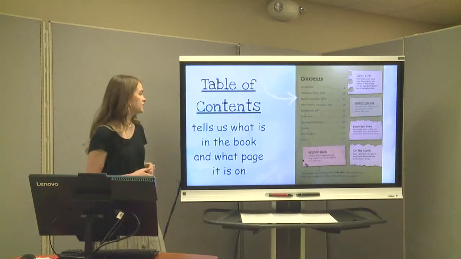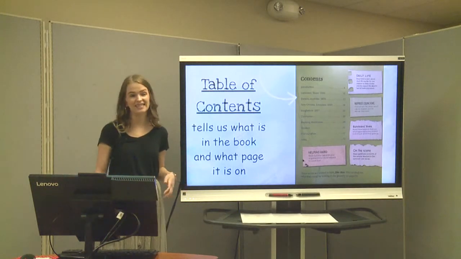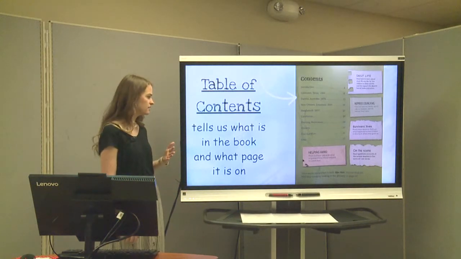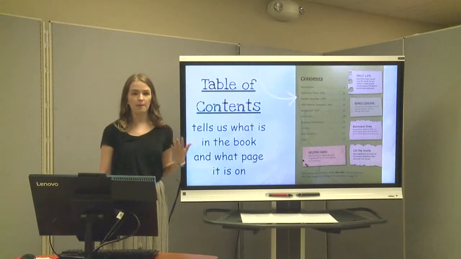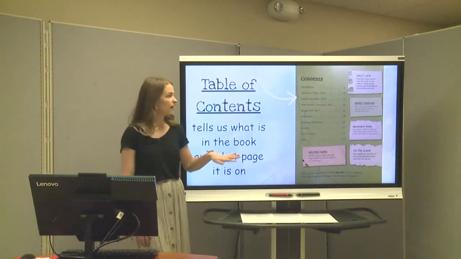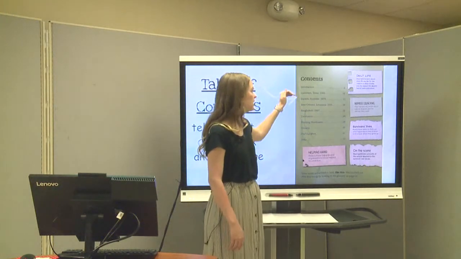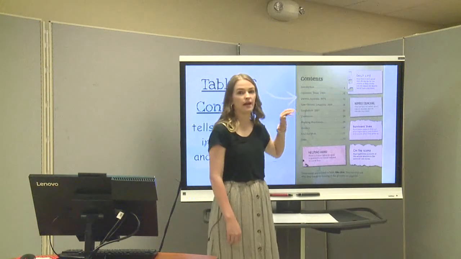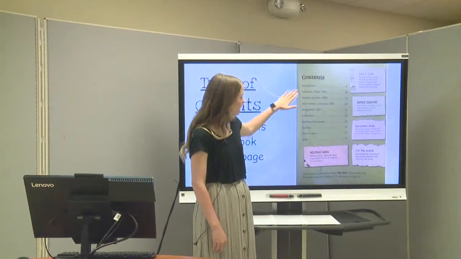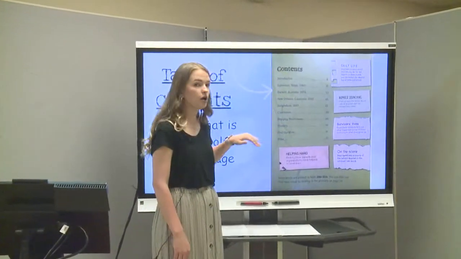So our first text feature is our table of contents. The table of contents tells us what is in the book and what page it's on. So if I were to look at this right here, I see my contents. Introduction could be found on page 4. Then I have the different sections of our book.